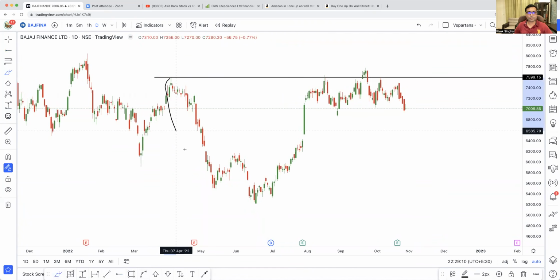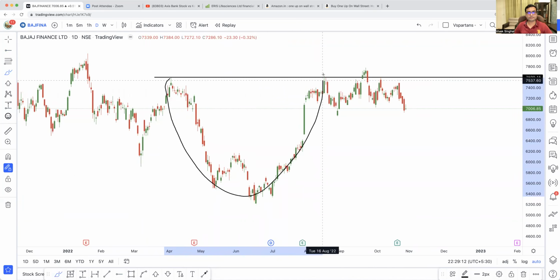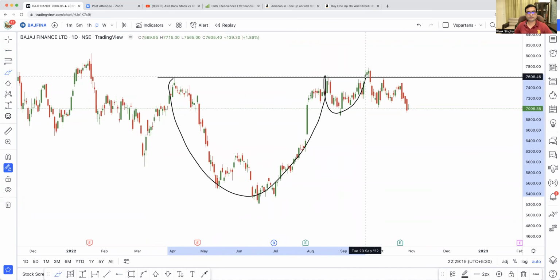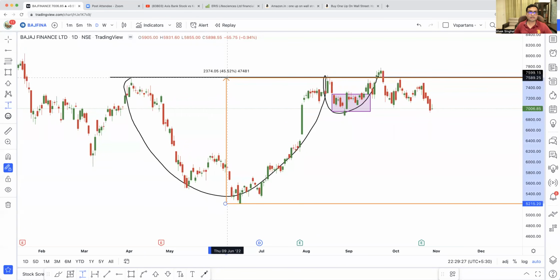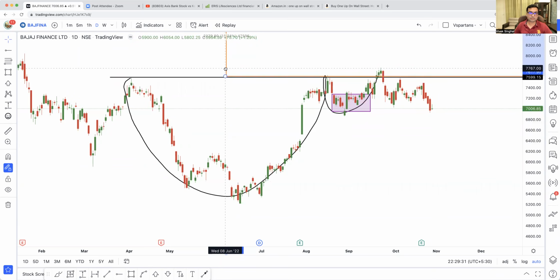There is a proper cup with handle pattern. And there's a base formation as well. And there's a breakout as well. And let's see if the potential gain is more or less 40% or not from the buying point.